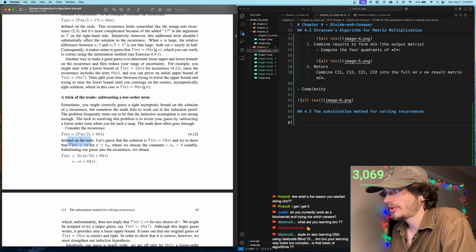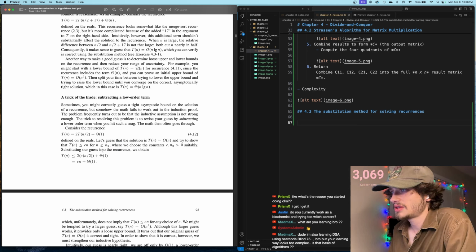Defined on the reals. Let's guess that the solution is T of n equals big O of n, and try to show that T of n is less than or equal to C times n for n greater than or equal to n naught, where we choose some constants C and n naught greater than 0 suitably.